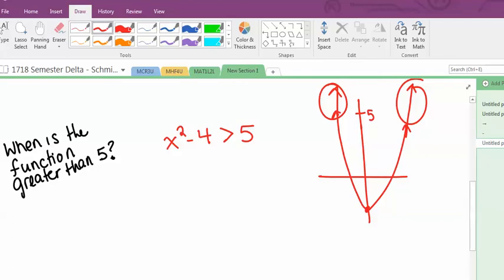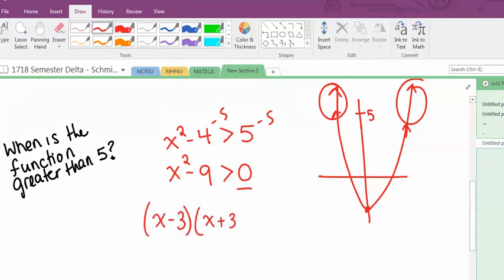Okay, then we can solve this equation. So we can move everything to one side. So x squared minus 4, we're going to subtract 5 from both sides. So this will end up being minus 9. So we want to isolate 0, or just put 0 on one side. Then I'm going to factor it to x minus 3, x plus 3. So then I solve for my roots.